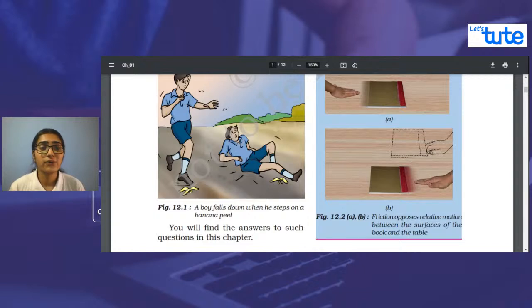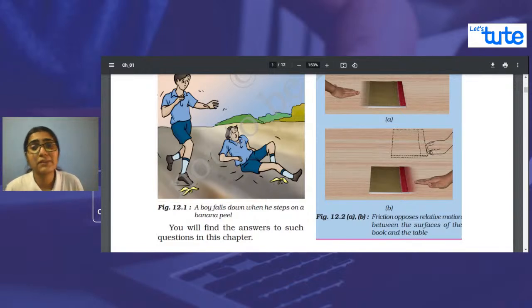Now, we were talking about friction, what is friction, what is the direction of friction, and a very simple concept: what happens if friction is applied on a body which is moving. So, point number one, friction is an opposing force, and friction acts when two bodies are in contact. Second thing that you should know is that friction always acts in the opposite direction. So if you're applying something from left, friction will act from right.